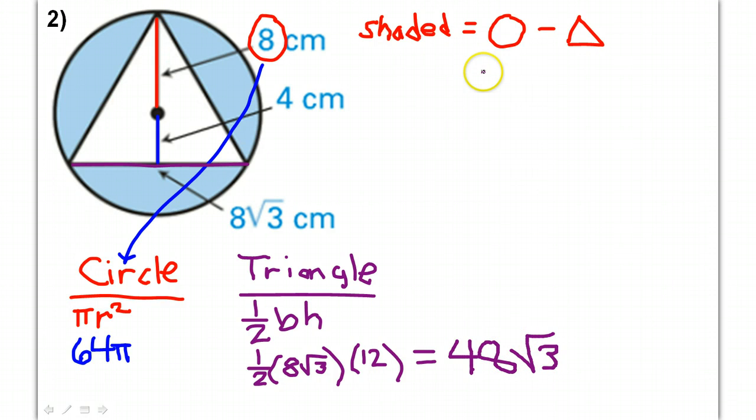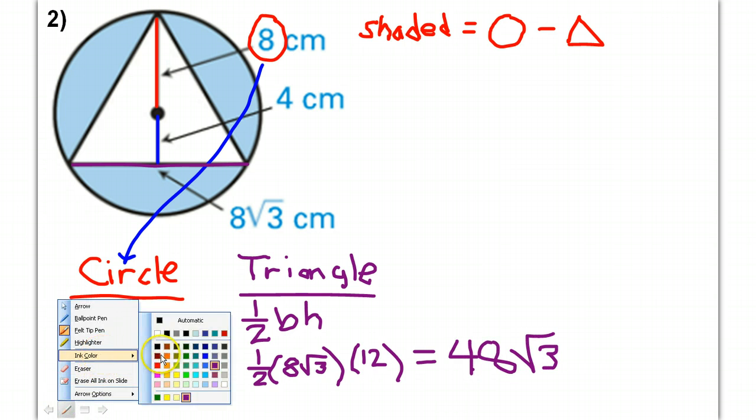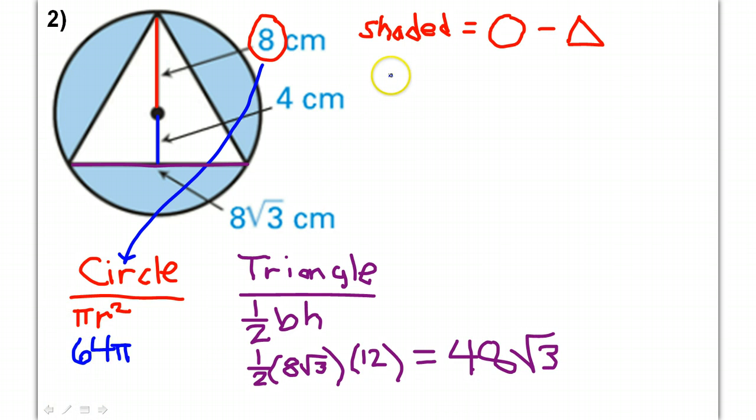All right, so let's go back to our strategy. Our strategy was to do circle minus triangle. That was going to give us the shaded outer area. So we found circle. That was going to be 64 pi. And now we're subtracting the triangle.